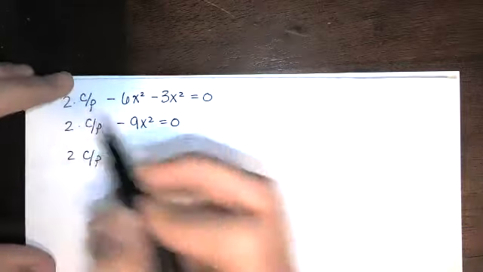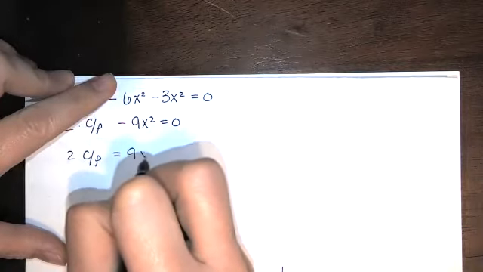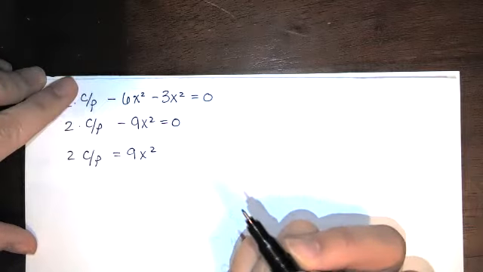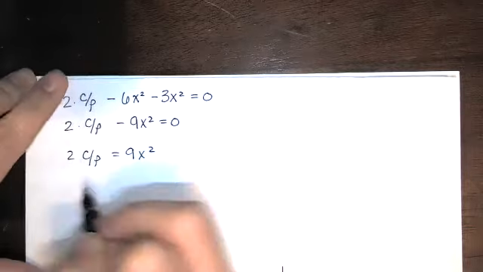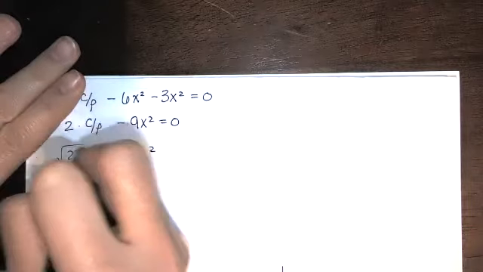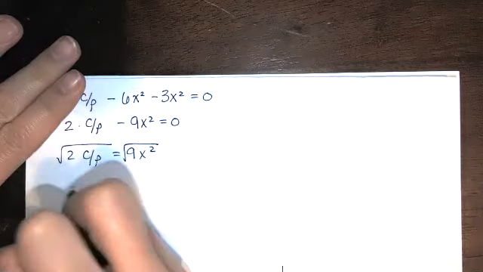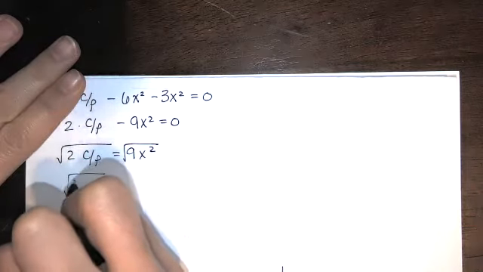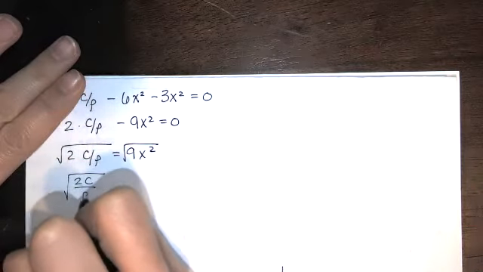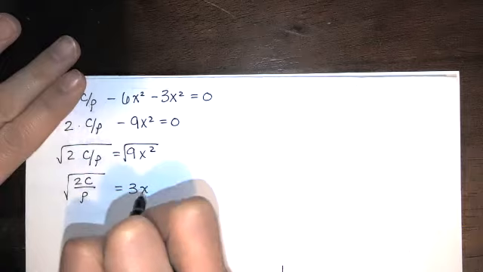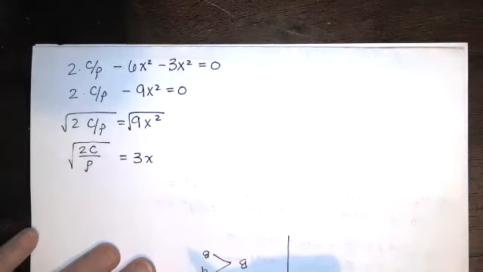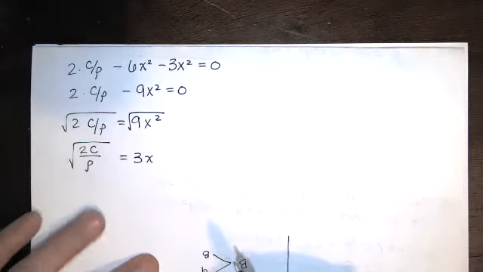I was thinking we could subtract that from both sides, but I'd just like to make everything positive. Then let's take the square root of both sides, and we'll take the positive square root, because we know that x has to be positive. And then we can divide everything by 3.